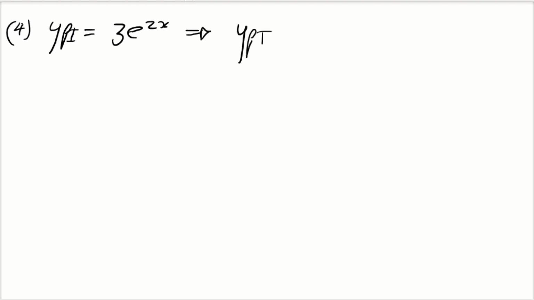So your fourth example, example number 4, your equation, your YPI can be equated to 3e to the power of 2x. So when you write it in your YPI equation, you're going to replace this 3 by a constant a, so you're going to say ae to the power of 2x.